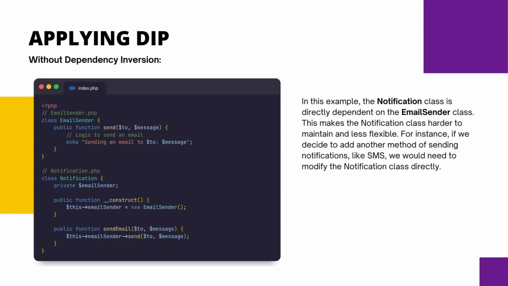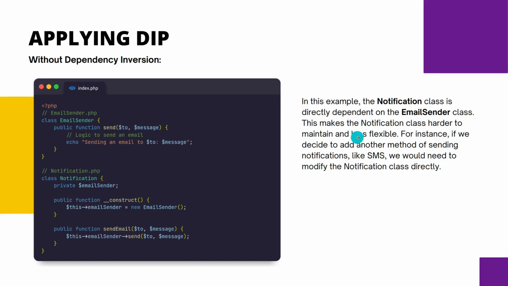So let's see the first example without using dependency inversion. In this example, the notification class is directly dependent on the email sender class. This makes the notification class harder to maintain and less flexible. For instance, if we decide to add another method of sending notifications, like SMS, we would need to modify the notification class directly.